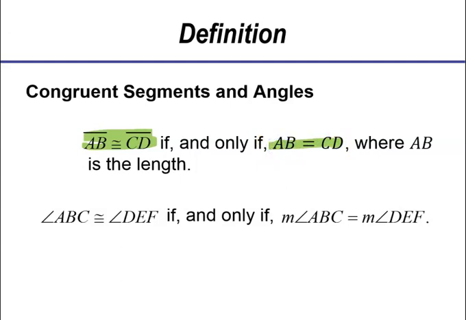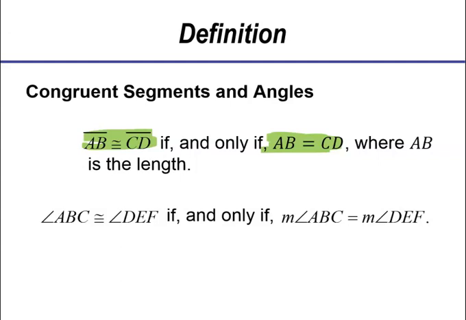Now remember the original definition said line segments were congruent if you can place one right on top of the other. If you could trace one right on top of the other. That really implies they're the same length. Okay, because remember, line segments actually don't take up any space at all. They're just a line with no area at all. It's just to represent a part of a line. So if they are the same length, which is what this second notation is saying, then they are congruent.